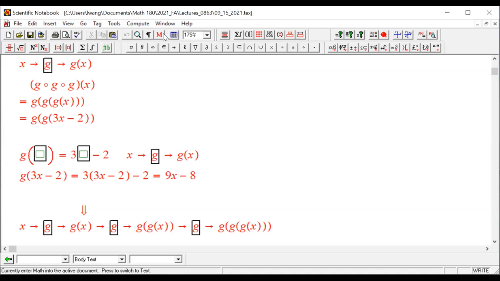Let me just, because I'm thinking of explaining this to everybody. So when your input is x, we're not done yet. We just finished this piece. So the first piece, we get 3x minus 2 from g of x.